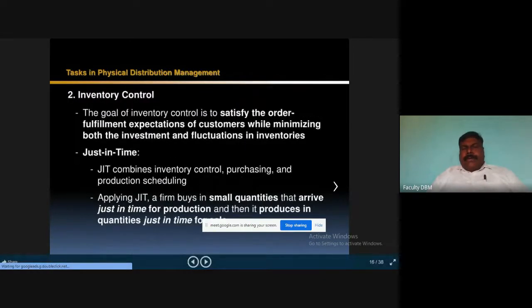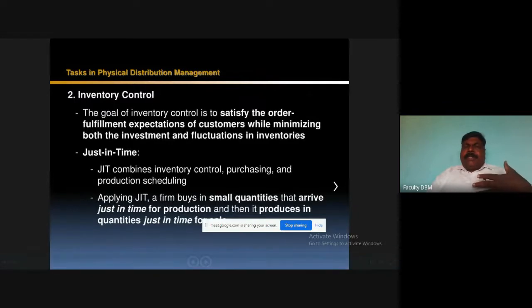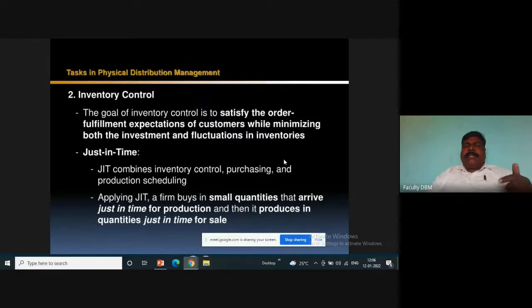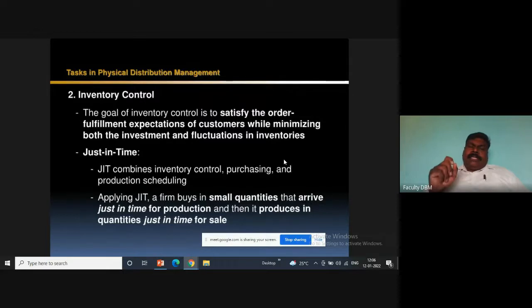Next is inventory control. Inventory is nothing but a stock. The goal of inventory control is to satisfy the order fulfillment expectations of customers while minimizing both the investment and fluctuation in inventories. Just in time, as I said earlier, the just-in-time approach should be there. It combines inventory control, purchasing, and production scheduling, because in order to process the order, we have to go for production scheduling.